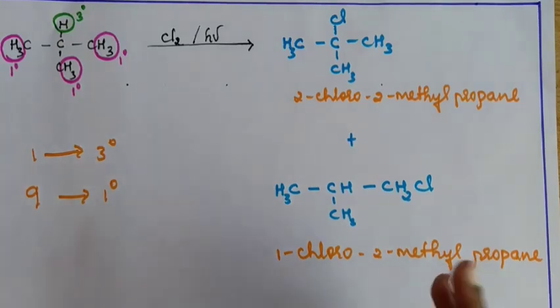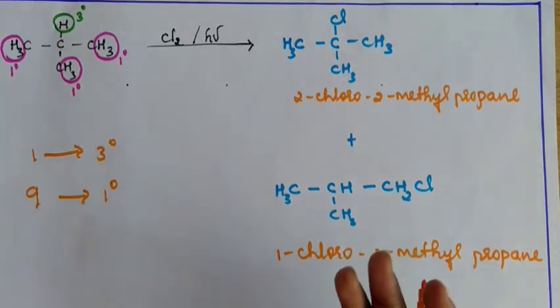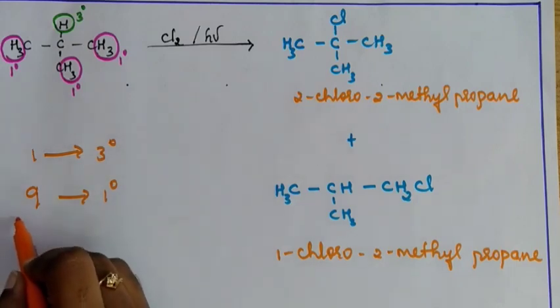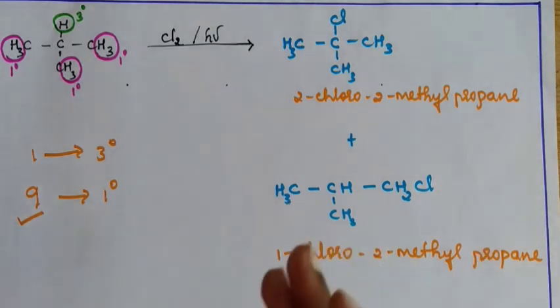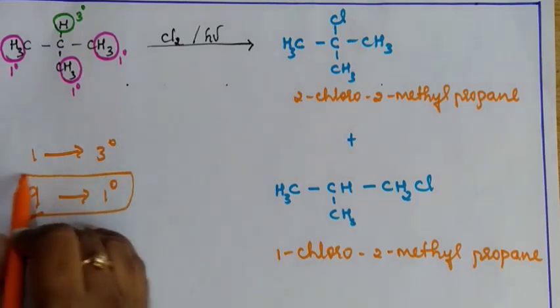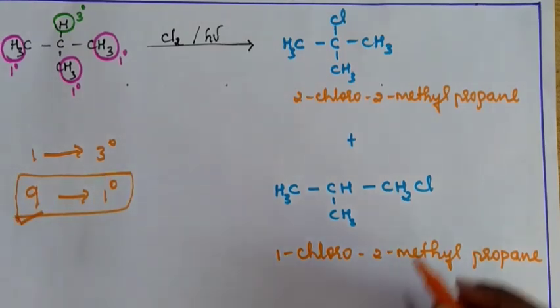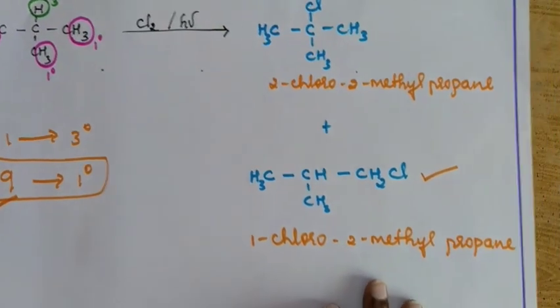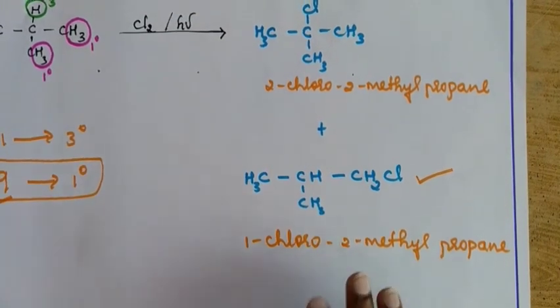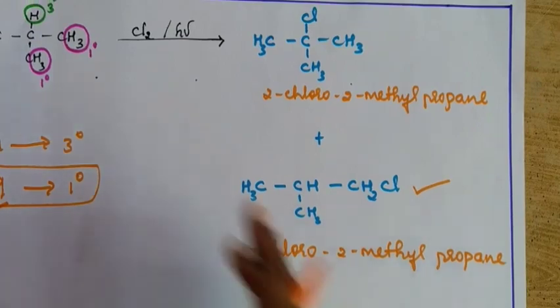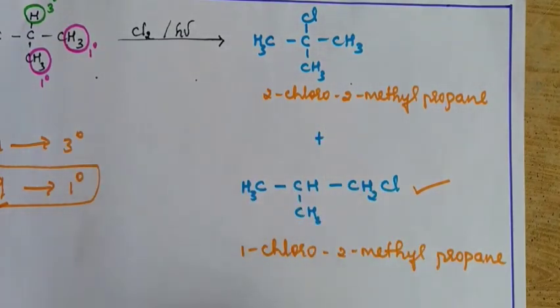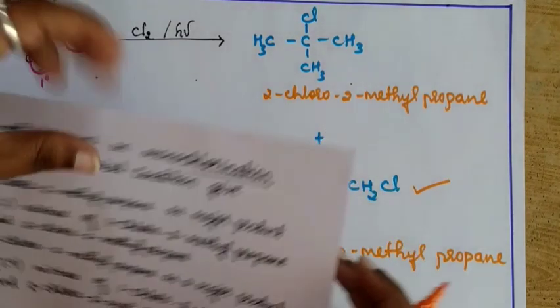So the chance of replacing hydrogen by chlorine is going to be higher for the 9 primary hydrogens, since more primary hydrogens are there. And this is the product which we got by primary hydrogen replacement, that is 1-chloro-2-methyl propane. So according to our analysis, 1-chloro-2-methyl propane is the correct answer. Let's see the options.